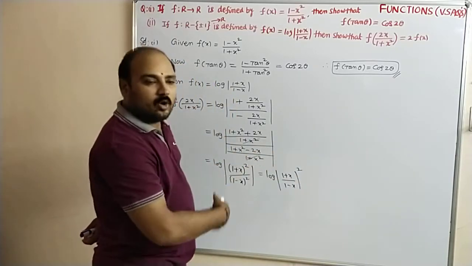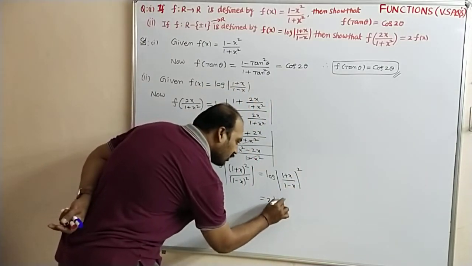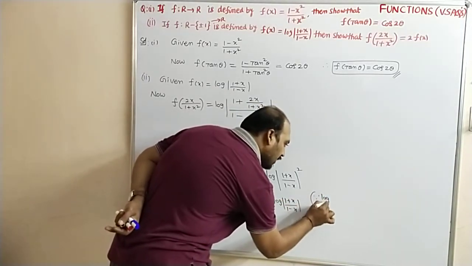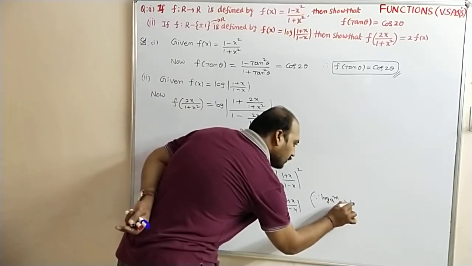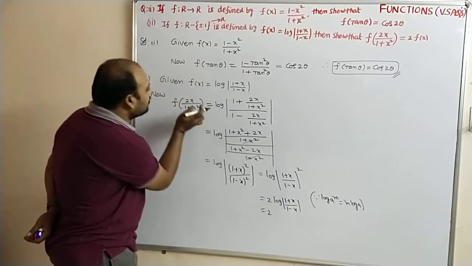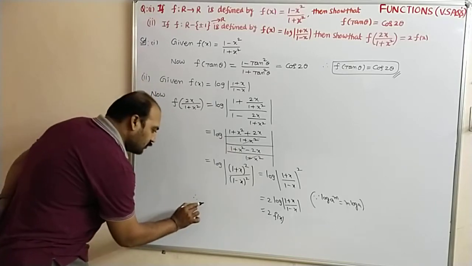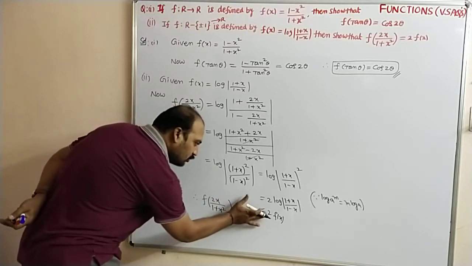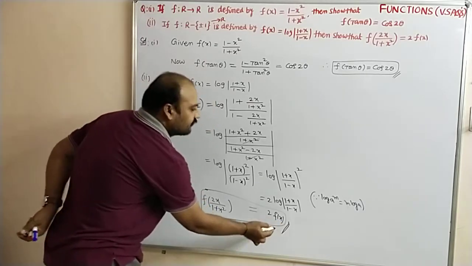Log a power m is m into log a, so we can write it as 2 into log 1 plus x divided by 1 minus x. Since log a power m is equal to m log a. So now 2 into, this is f of x only, no? Therefore, conclusion step: f of 2x by 1 plus x square is equal to 2 times f of x. Hence the result.